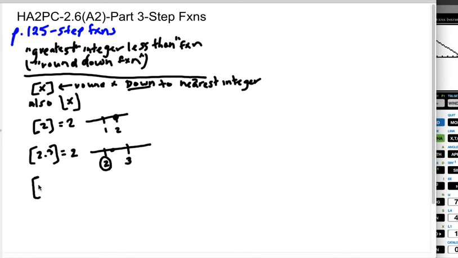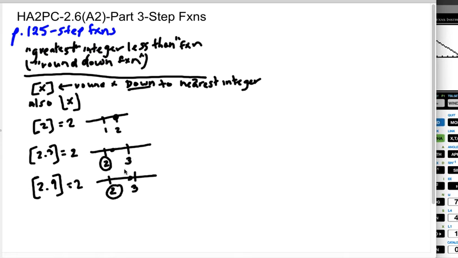But that would also be true if I pick something like 2.9. Now you would think, oh, 2.9, that rounds to 3, but not if you're in the round down function, because it's the round down function for a reason. 2.9 lives somewhere around here, round down to the nearest integer, it's a 2, right?